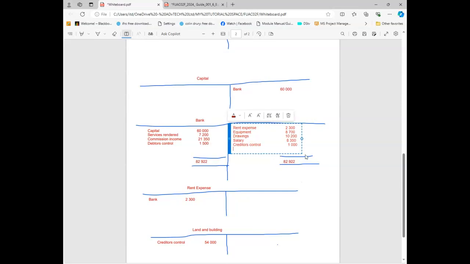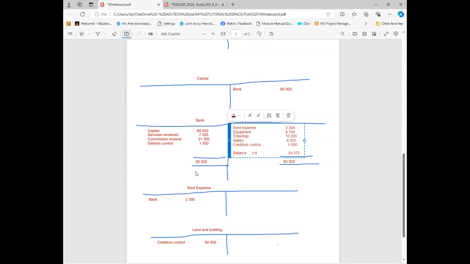And I'm going to call it balance carried down here. So the difference is 54,372.